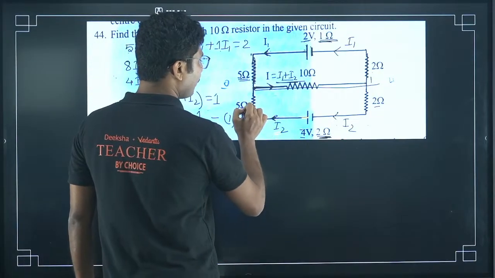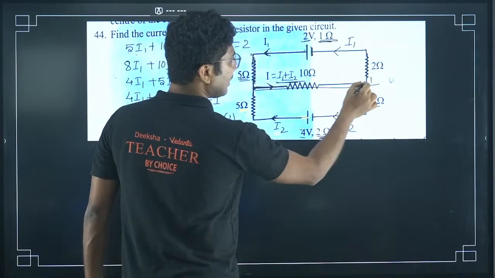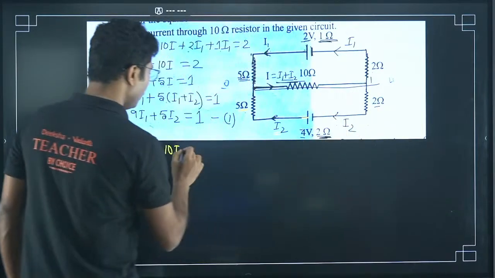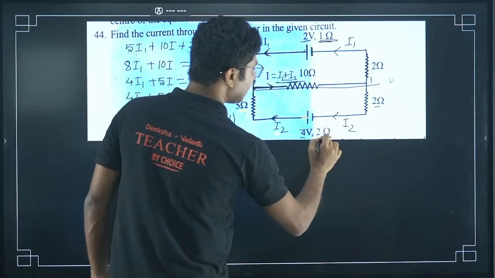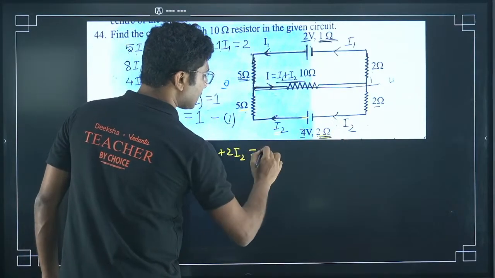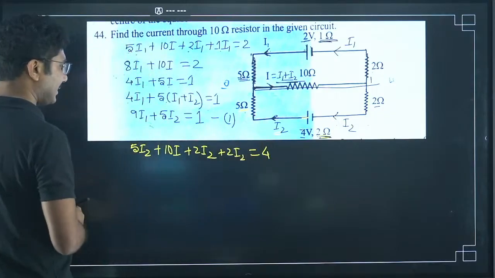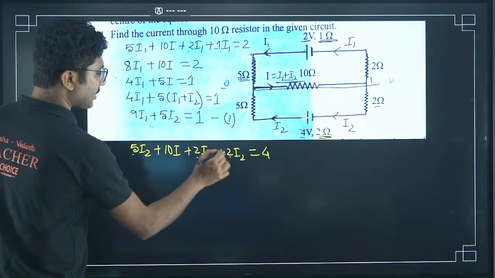So I2 into 5, 5I2 plus 10I plus 2I2, and last but not least this 2I2, and that should be equal to the EMF, which is 4 in this case. Now again 5 plus 2 is 7, 7 plus 2 is 9.